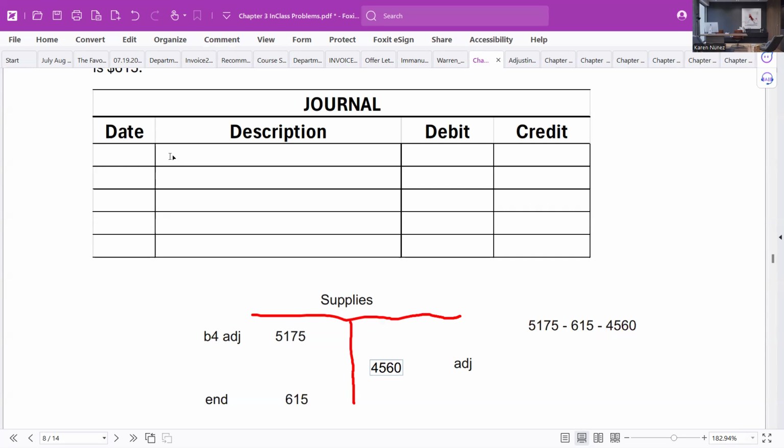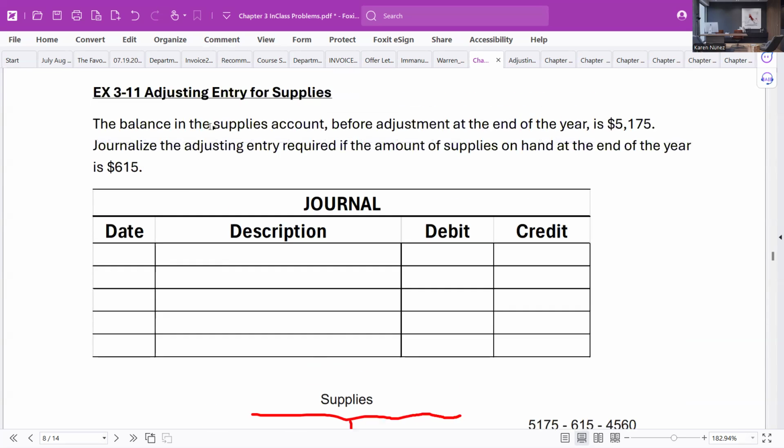So we've got to make sure we are reducing the supplies account and recognizing the appropriate expense, right? It's an adjusting entry for supplies. So it's like prepaid insurance, like a prior example. So we need an expense, supplies expense for 4,560.